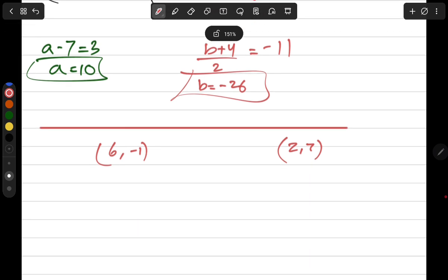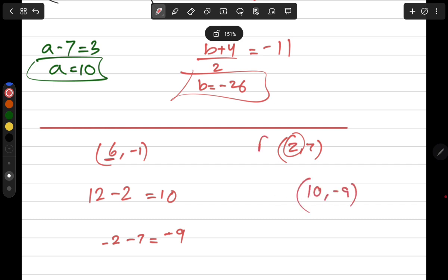Once you multiply this midpoint by 2, so 12 and -2, and then you subtract 2, so you get 10 for x, and then you multiply -1 with 2, so this becomes -2, and then you subtract 7, so this is going to be -9, and you can apply the formula as well. So the coordinate is going to be (10, -9) of this other coordinate which was unknown, right? So if midpoint tells us halfway, distance tells us how far.